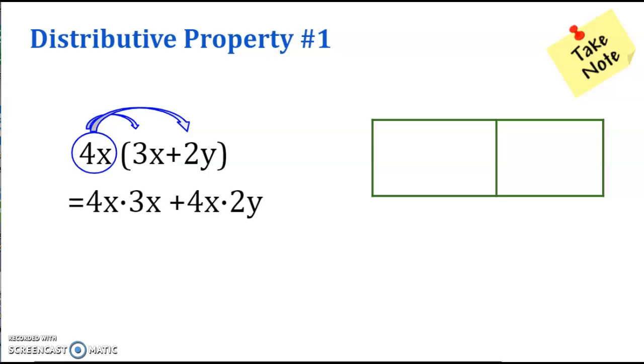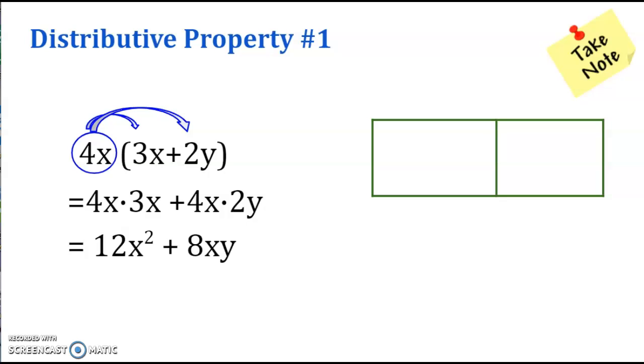So 4x is being multiplied to 3x, and then 4x is being multiplied to 2y, and you are adding those two separately. So 4x times 3x is 12x squared, and 4x times 2y: 4 times 2 is 8, x times y is just xy. So you are left with 12x squared plus 8xy as your final answer.